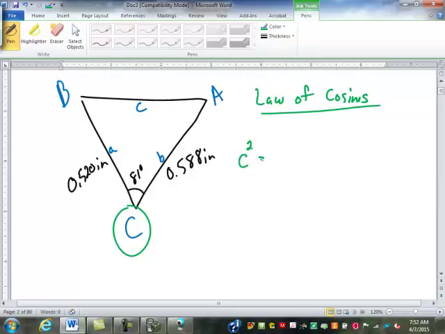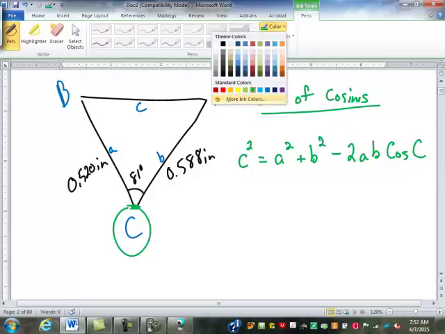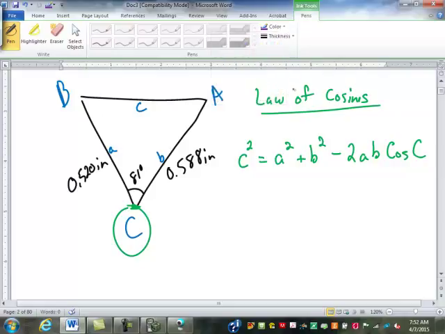C squared is equal to A squared plus B squared. Look familiar so far? But because this angle C here is not a right angle, there's a correction factor. And that correction factor is minus 2 times A times B times the cosine of angle C. Well, let's see how this actually works out.